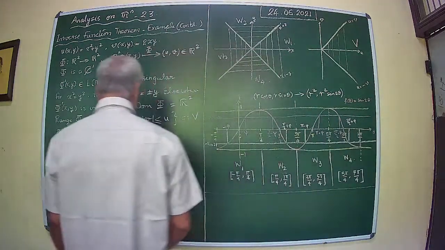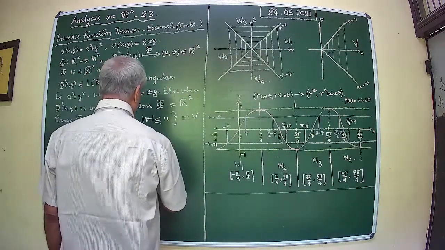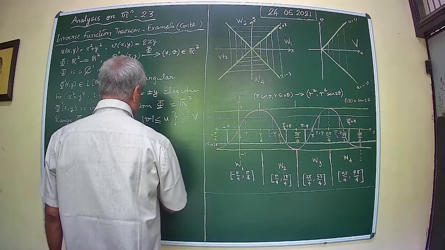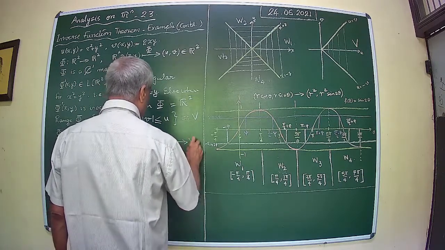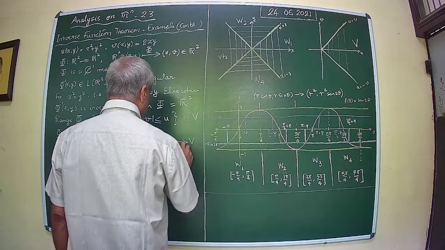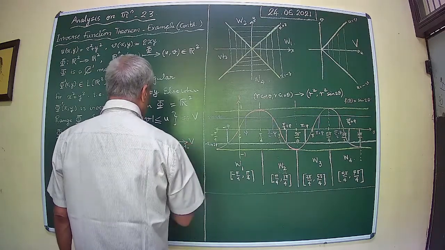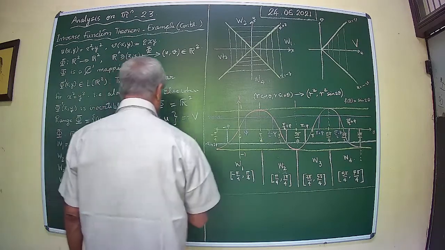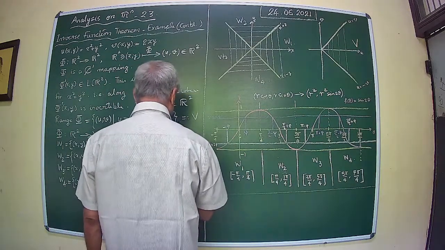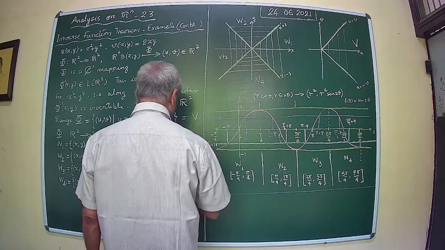Then we observe that phi is a map from Wi onto V, and phi is 1 to 1. This is what we have proved.